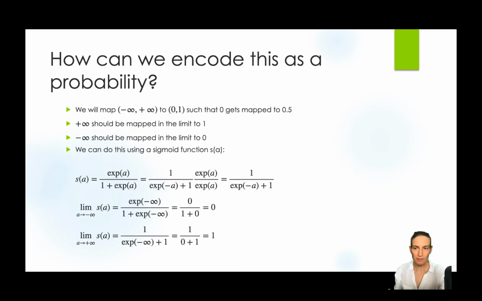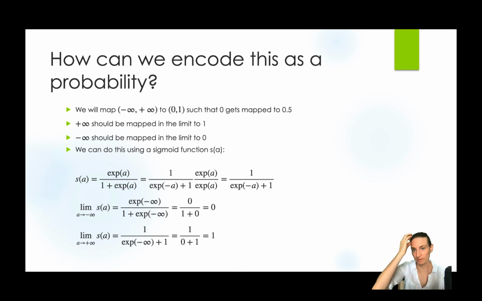So we need to map the output of f(x), which goes from -infinity to +infinity, to 0, 1, such that 0 gets mapped to 0.5. Okay. +infinity is mapped in the limit to 1, and -infinity is mapped in the limit to 0.